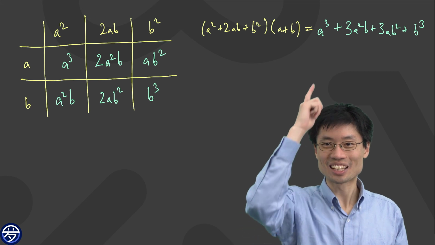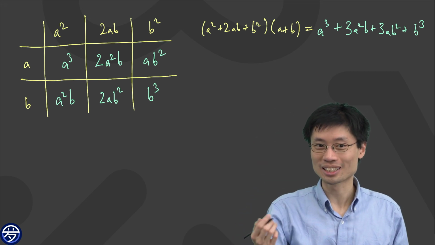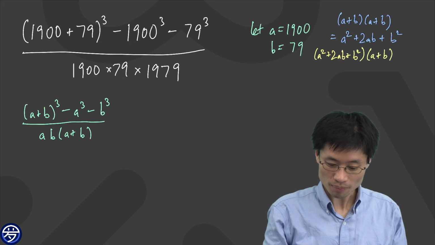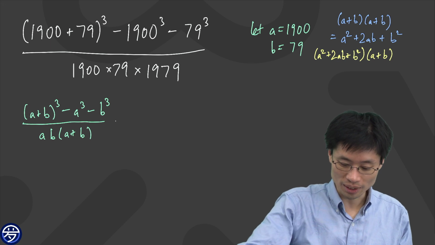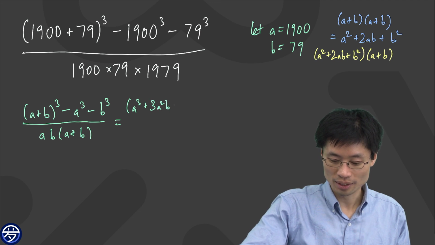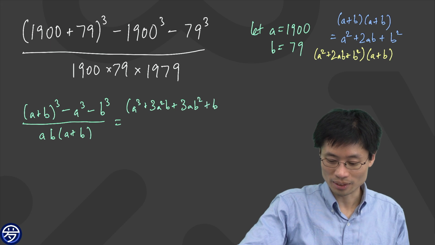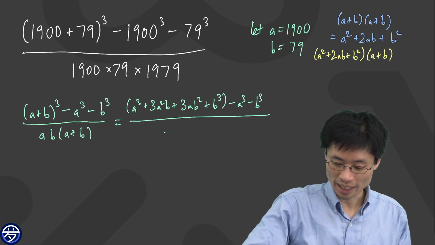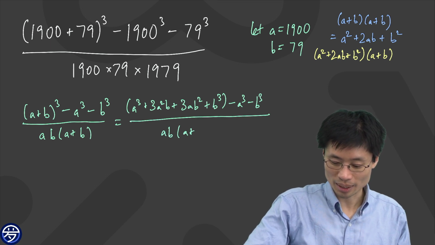Okay, so now if I know that, let's put it back into what I had before. If I put it back, then the first part becomes a cubed plus 3a squared b plus 3ab squared plus b cubed minus a cubed minus b cubed, all over ab times (a plus b).